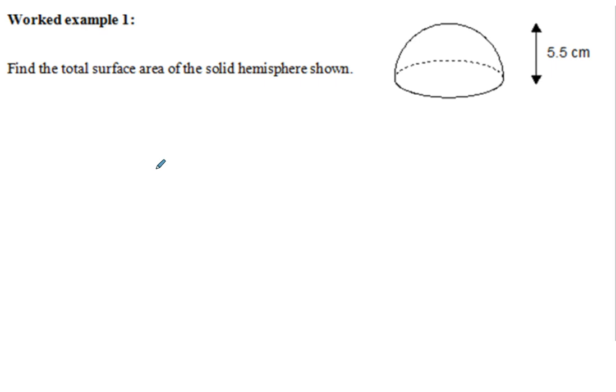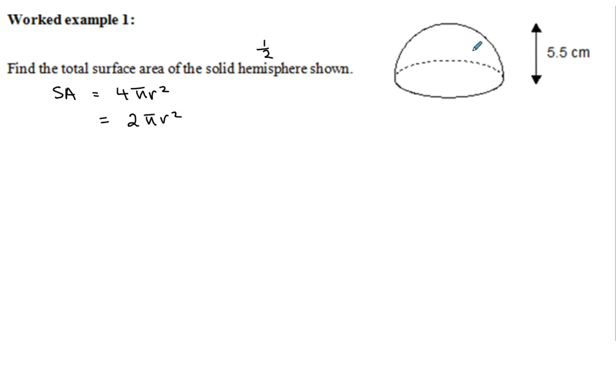Find the total surface area of the solid hemisphere shown. So you know the surface area of the sphere equals 4 pi r squared. So it's like 4 circles. We've got a hemisphere, so it's a half. So then the hemisphere will be 2 pi r squared.